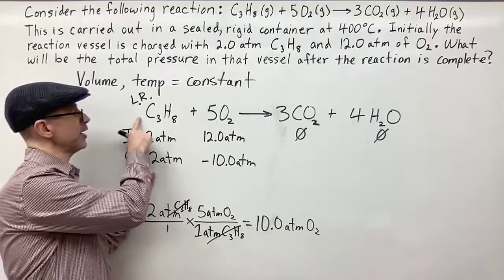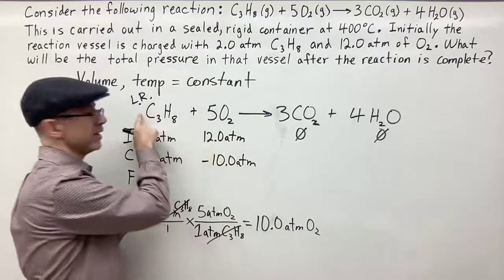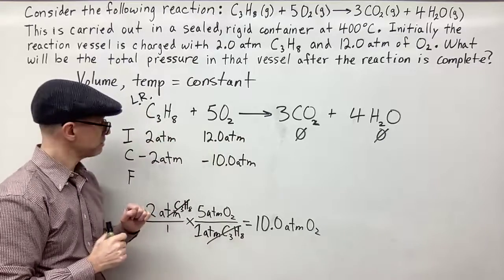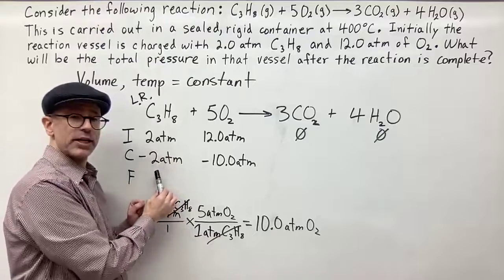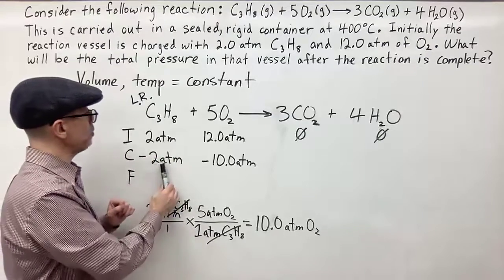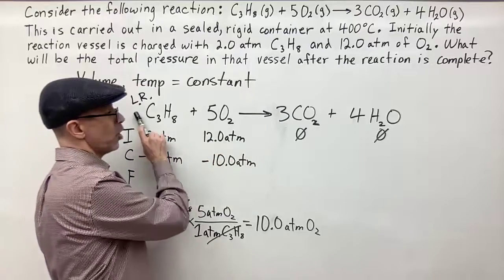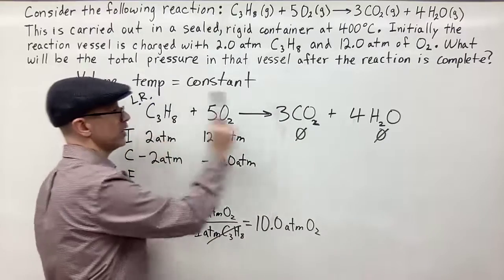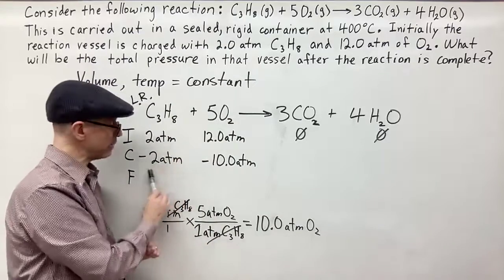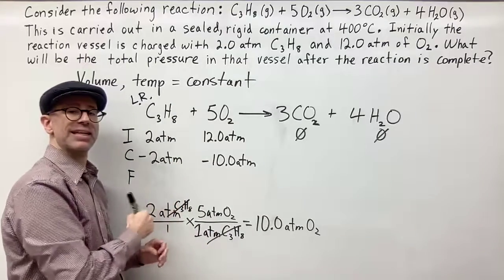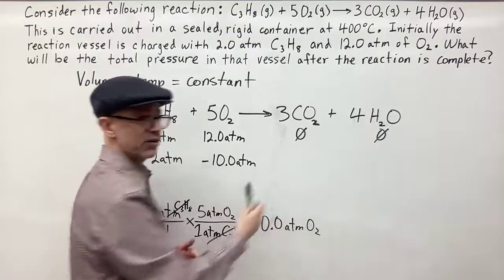Since this is my limiting reagent, the amount of product is going to depend on the limiting reagent. So since I lost 2 atmospheres of my propane and the mole ratio between propane and carbon dioxide is 1 to 3, then if I lose 2 moles or 2 atmospheres of the propane, I'm going to gain 3 times as much in carbon dioxide.